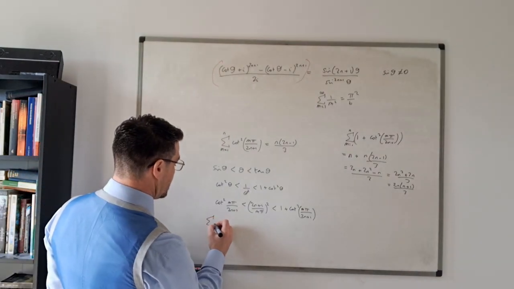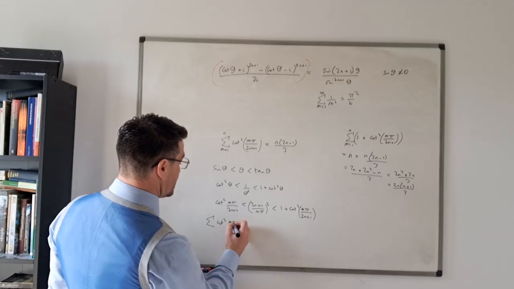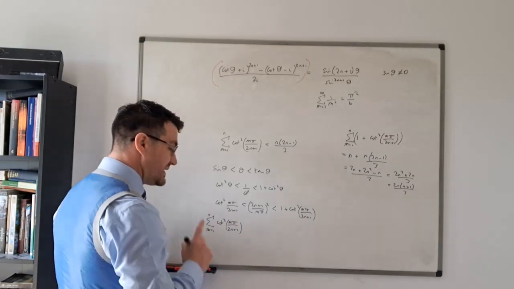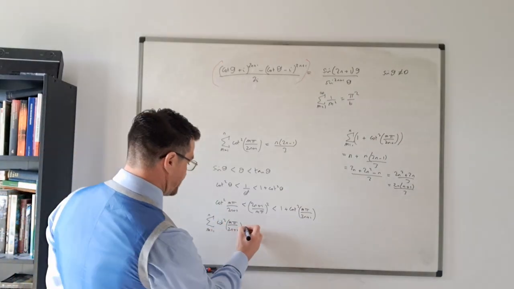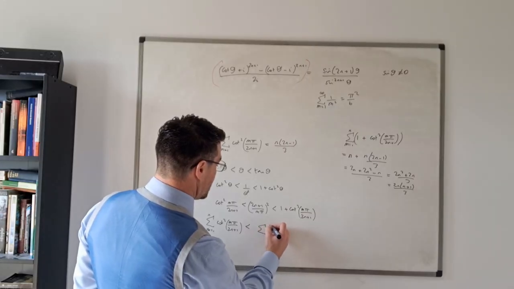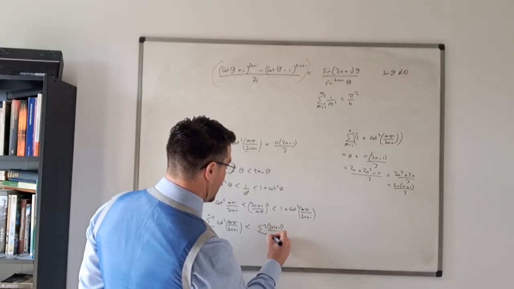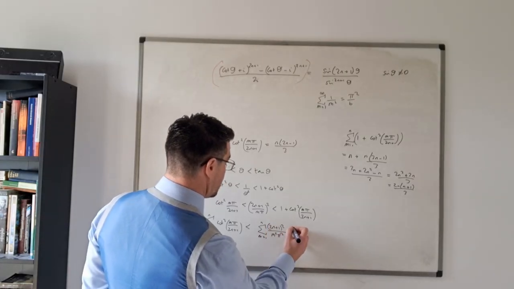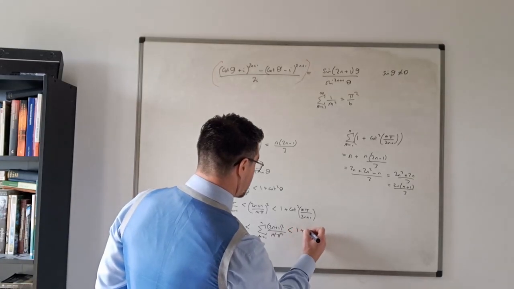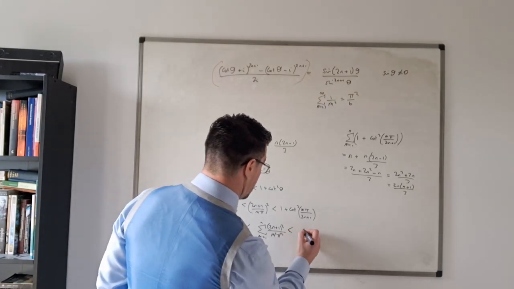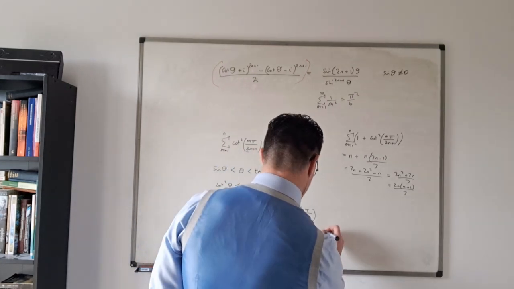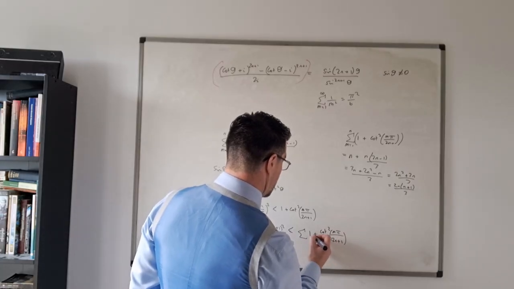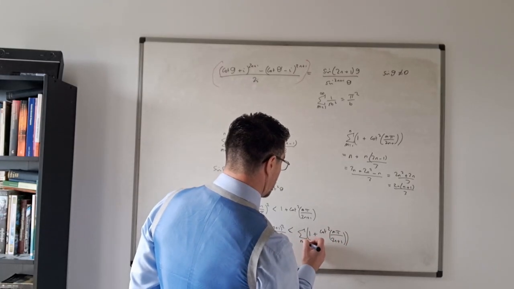So I'm going to sum cot squared m pi over 2n plus 1 from m equals 1 to n, because I need these sums to be finite for the time being, is less than the sum of 2n plus 1 squared over m squared pi squared from m equals 1 to n, which is less than the sum of 1 plus cot squared m pi over 2n plus 1 from m equals 1 to n.